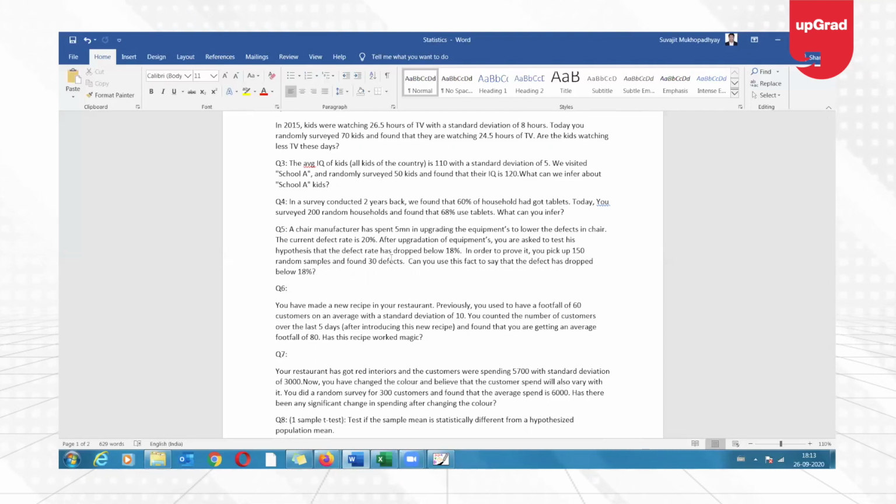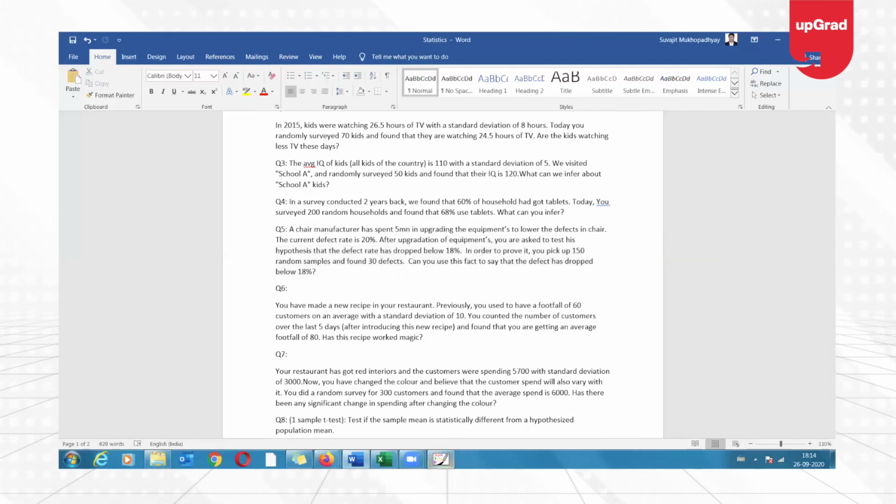On a count of 5, 4, 3, 2, 1. The correct answer is 18%. If you have thought 20%, then this 20% has been given just to confuse you. It has no relevance in the test. We really do not care about this entire statement. Our problem actually starts from this part. Okay.